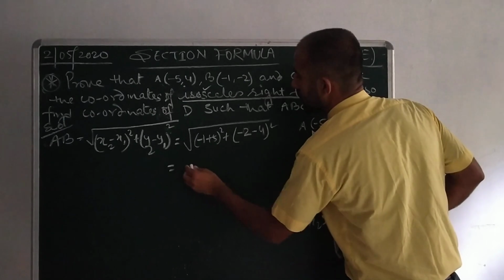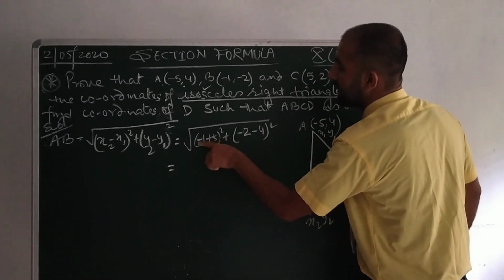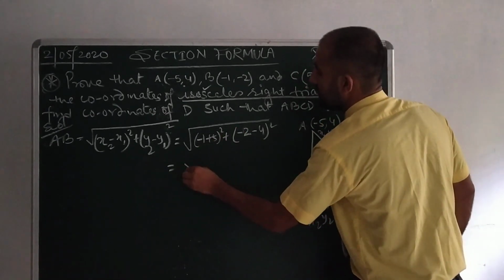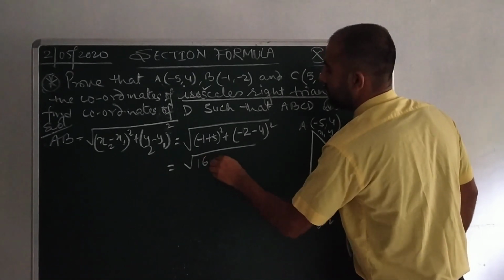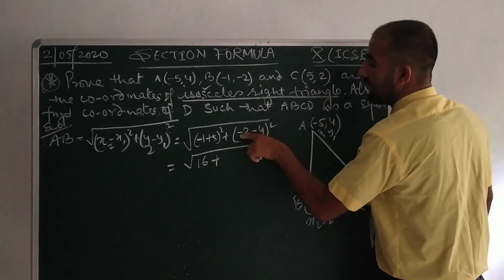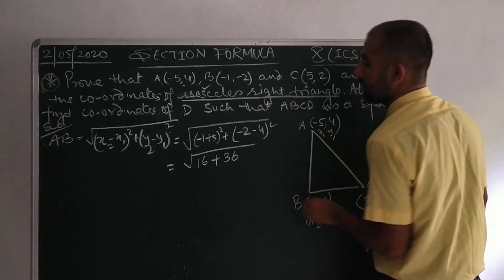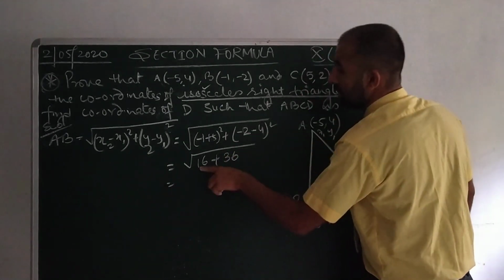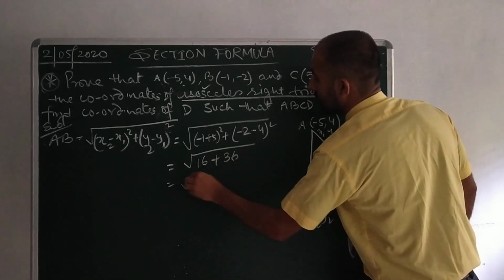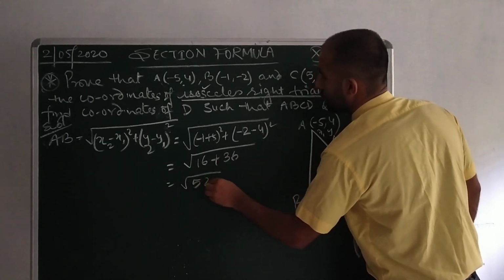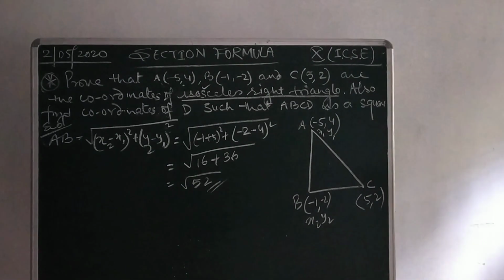Let's see how much it will be. 5 minus 1, that is 4, 4 square is 16, plus minus 2 minus 4 is minus 6 whole square, which means 36. Finally 16 plus 36 gives 52. So the distance AB we got is root over 52.